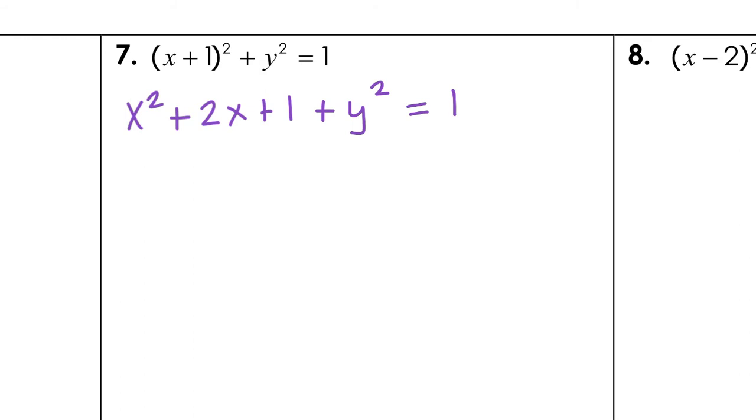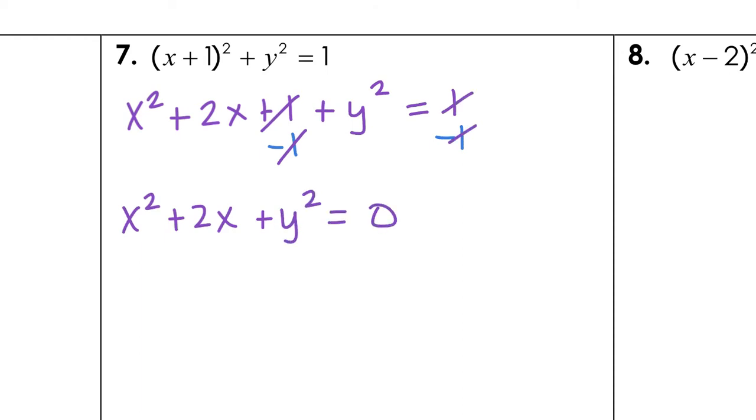Okay, now that I have it this way, I don't want anything that's a constant on the left. So I mean this 1 right here, let's move that over. So now I have x squared plus 2x. This cancels out, so plus y squared is equal to 0.